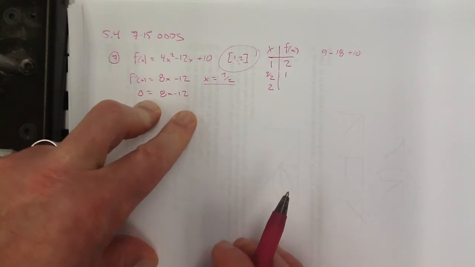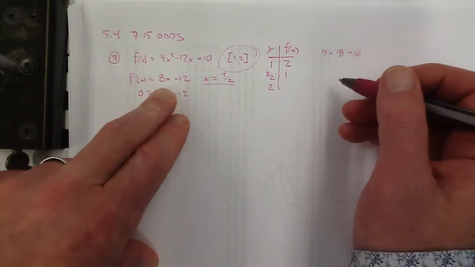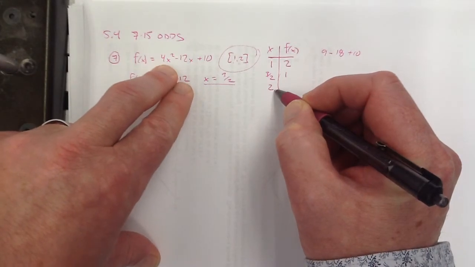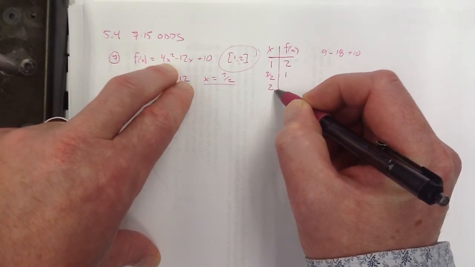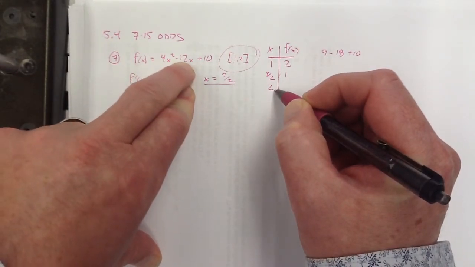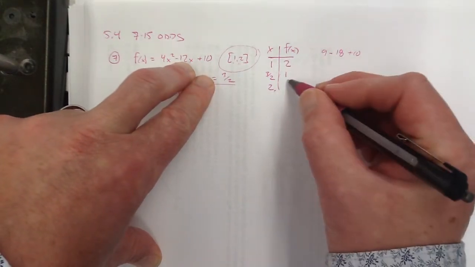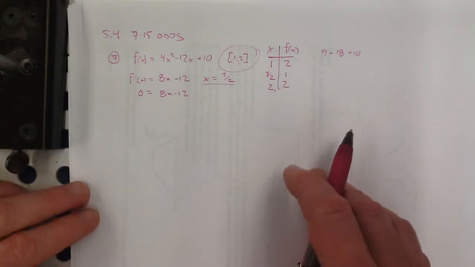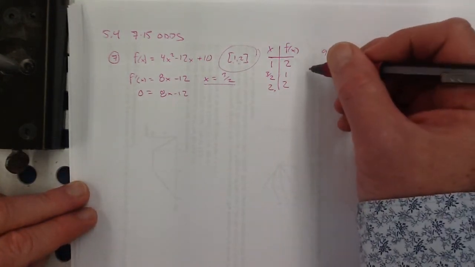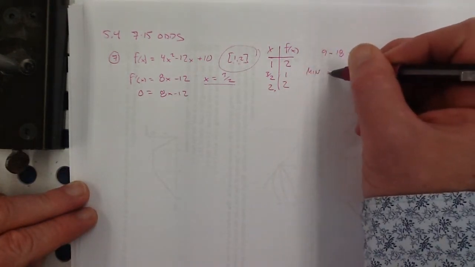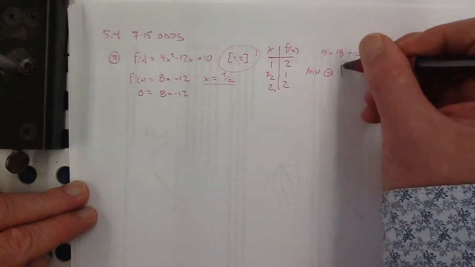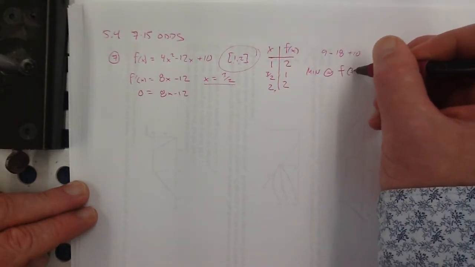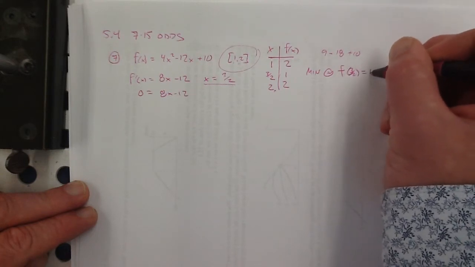Looks like that's 1. And then plugging in 2, I got 4 times 4 is 16, minus 24 is -8, plus 10 is 2. So there you go. It looks like I have a minimum at f of 3/2 equals 1.